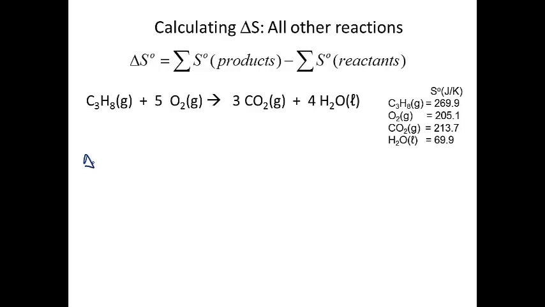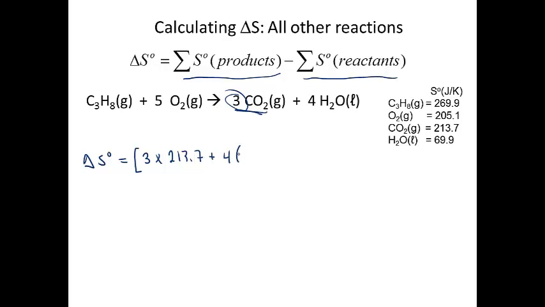So delta S, standard entropy change for this reaction, is going to equal the standard entropies of the products added up, minus the entropies of the reactants added up. So we're going to take the products first. We'll take 3 times the entropy for CO2. The 3 is because there's 3 moles there. And for CO2, it's 213.7. I'm going to leave off all of the joules per Kelvin until we're done. Plus 4 times the entropy for liquid water, which is 69.9. I'm going to subtract from that the entropies of the reactants, the 1 propane and the 5 oxygens.